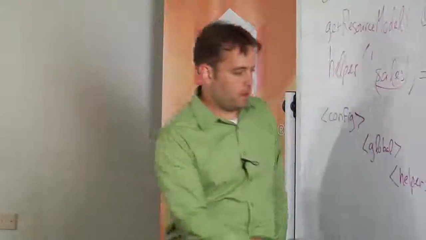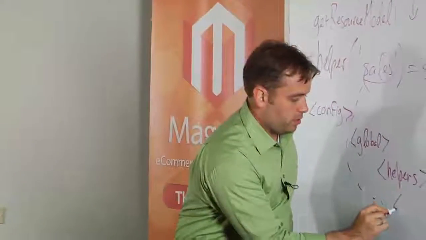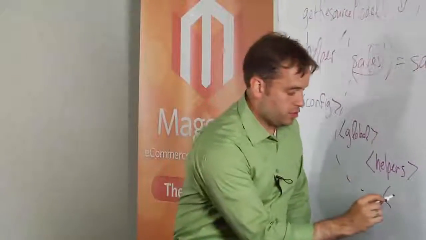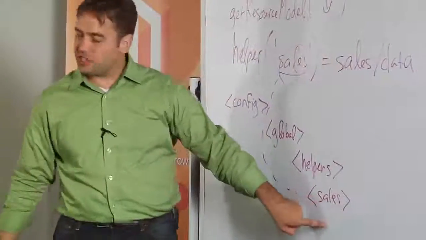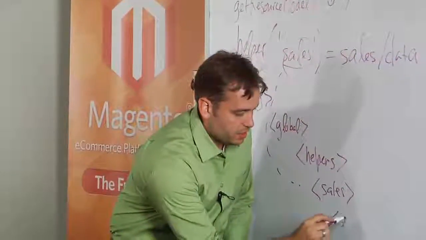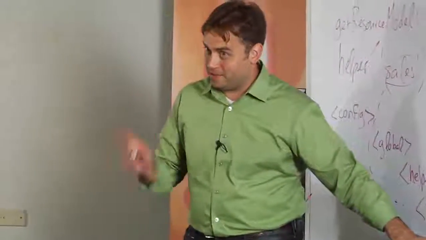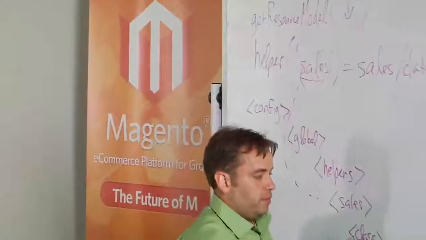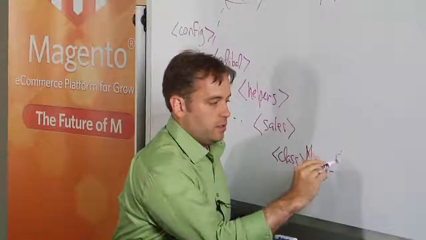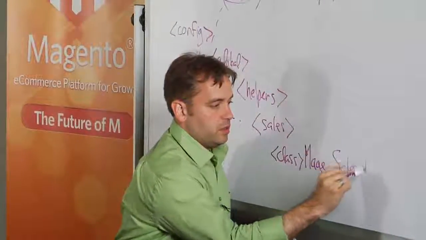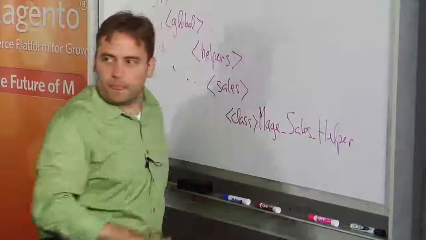Hopefully in our configuration structure, we will have sales, and then inside sales, we look for class. And in that class node is where we would specify Mage_Sales_Helper. That's the connection. All right?